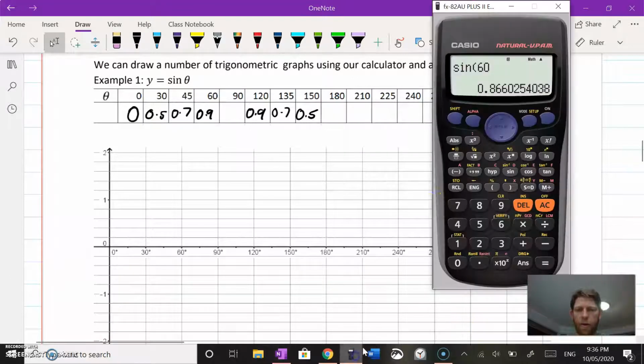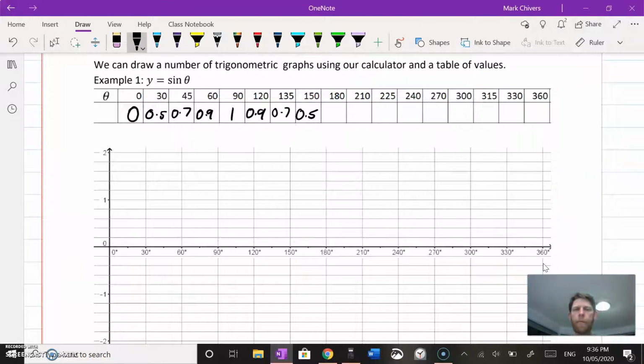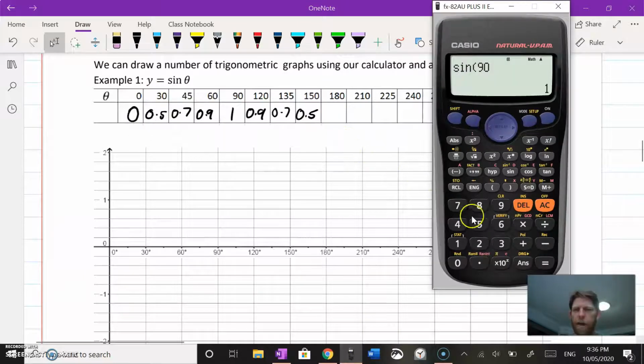And sine of 90 degrees, although not technically possible with a right angle triangle, but nonetheless, sine 90 is going to actually equal 1. That's as big as that can get. And well, what adds up with 0 to make 180 degrees? 180 degrees adds up with 0 to make 180 degrees. So if this is correct, sine of 180 degrees should also be 0. And look at that, it is.